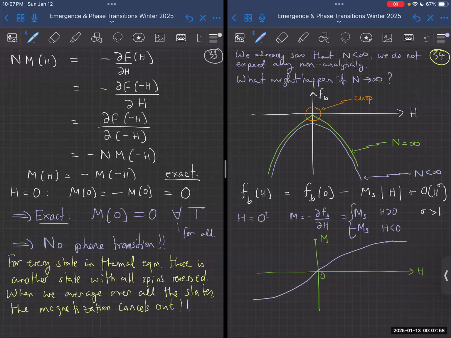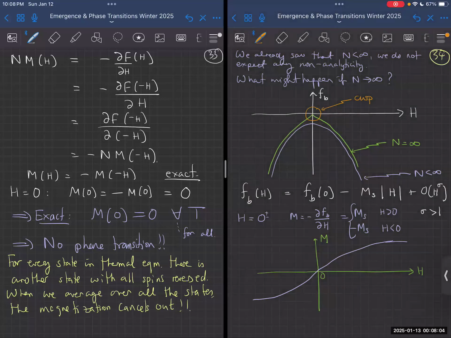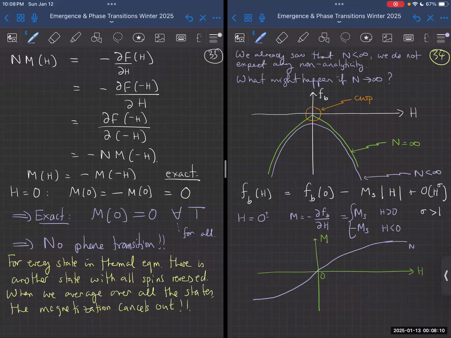If I have a larger value of n, so let me draw this like this. This is say n equals n1, which is less than infinity.